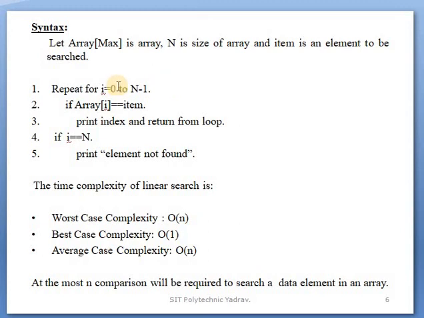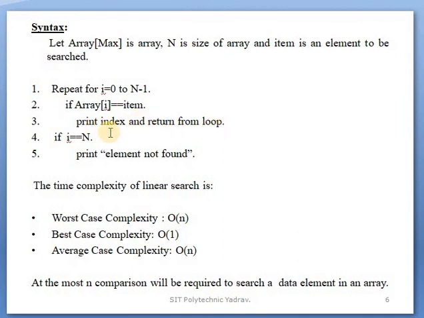Clear that point? After that, the second step: if array of I is equal to item, meaning the element at the ith index position of the array is compared one by one with the item we are searching for. If it is equal, then print the index and return from the loop.